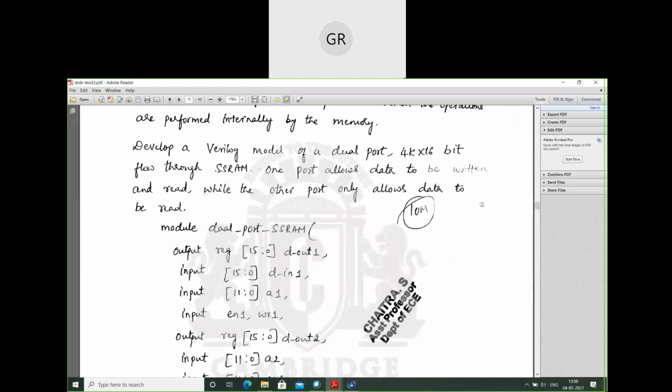Using that equation, we will get the number of address bits. Here, the 12 address bits. What is the log of 4000 divided by log of 2? It's 12.